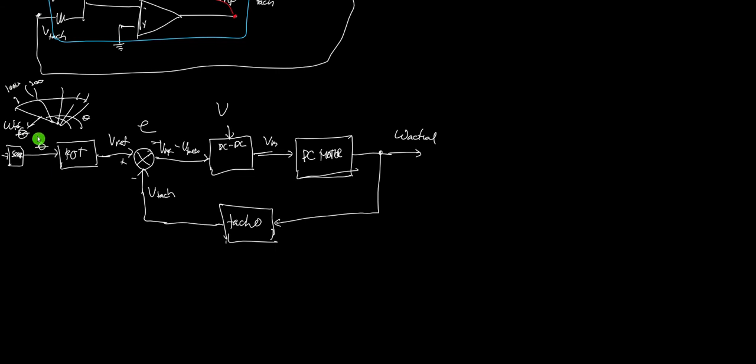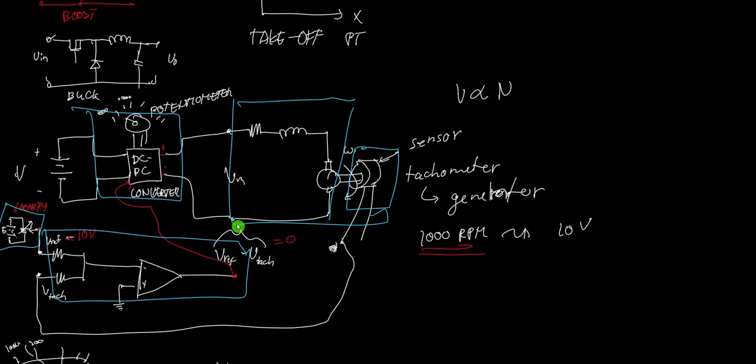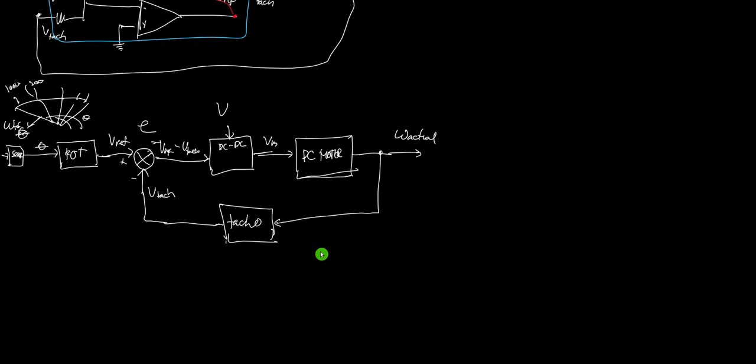If you look at this block diagram, this is much better than looking at this circuit here. If you have this, you can actually relate the actual and the reference. So you need to solve the output divided by the input, W actual divided by W reference.